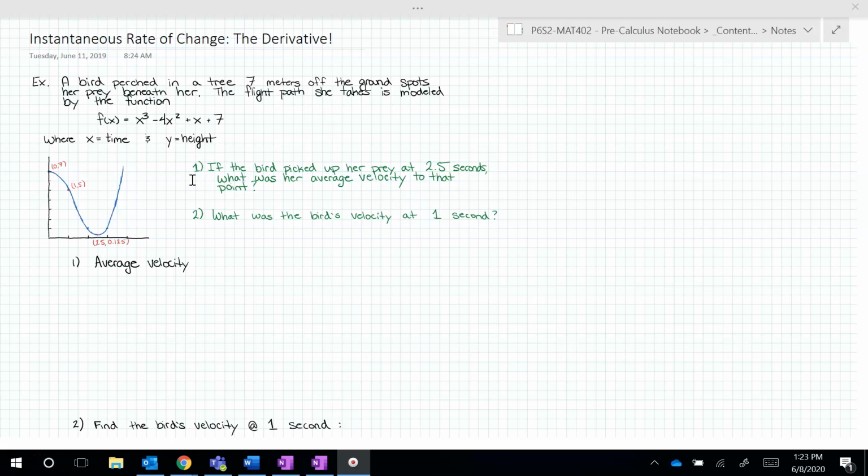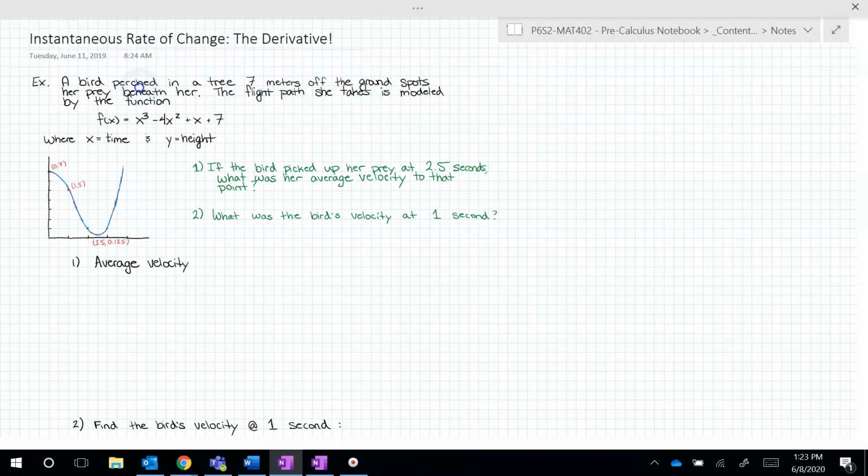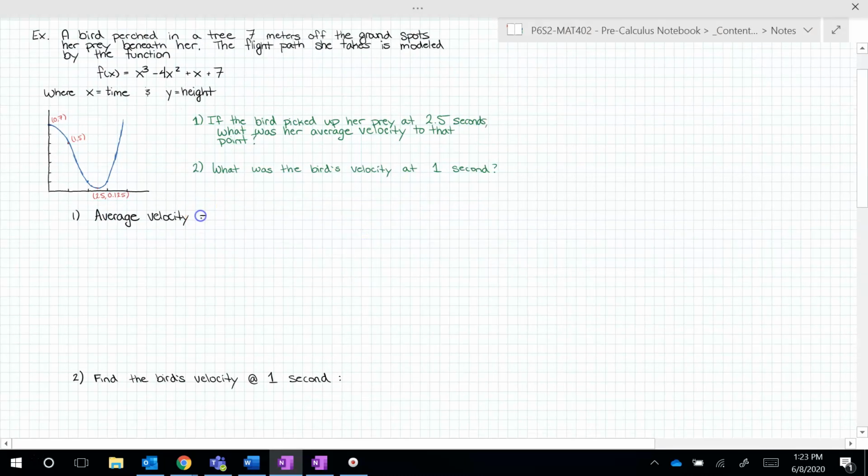So first, let's build this average velocity. This is an Algebra 1 concept. Going back and just looking at average velocity, this is just a change in distance over change in time. What is the change in distance over the change in time for this thing?